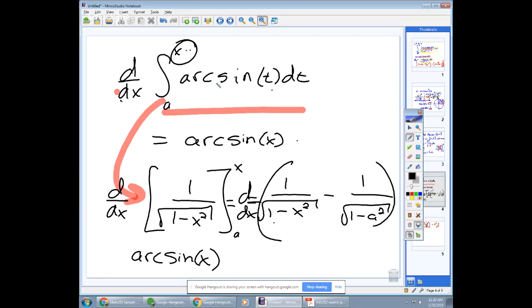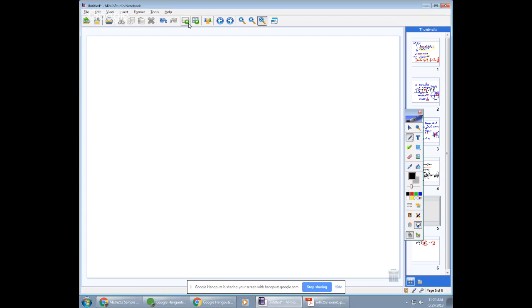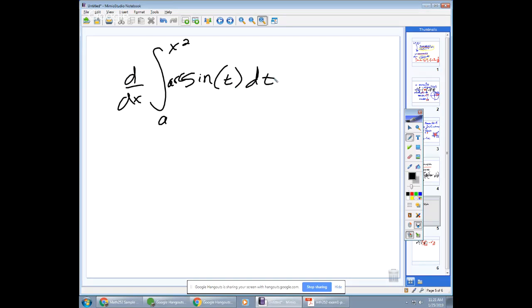And then if it were an x squared. Okay, so if you have the derivative with respect to x of the integral from any number up to x squared, instead of x, of arc sine t dt, the fundamental theorem says you've got to have an x up there. If you don't have an x up there, then what you have is a chain rule, because you have a function within a function.